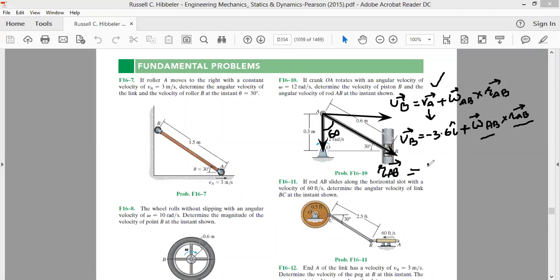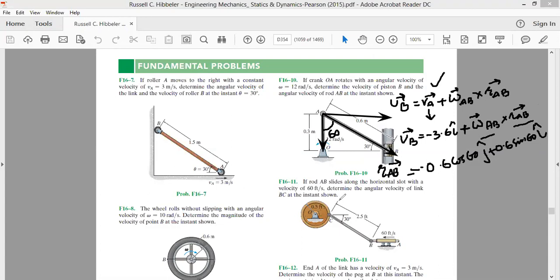RAB is equal to 0.6, that is 0.6 cos 60. This is along the negative y-axis, so this is minus j cap. And we have plus 0.6 sine 60, which is along the x-axis, where this is i cap. These are the two components of RAB.